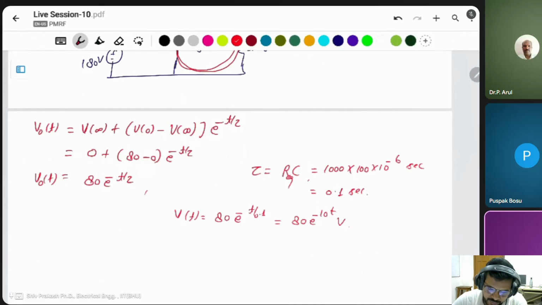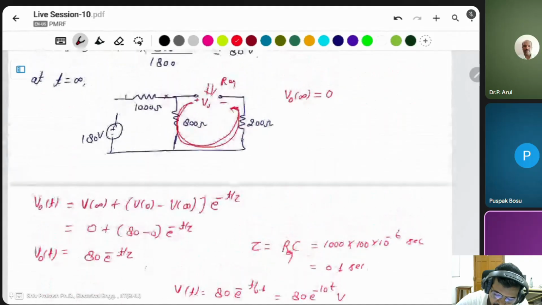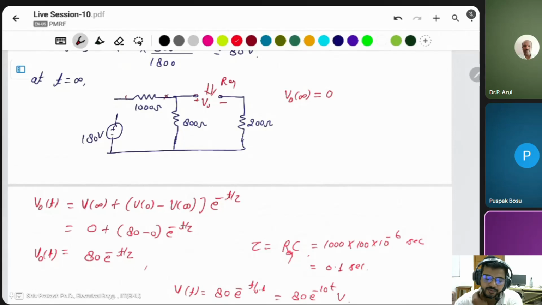Then what is the circuit at t greater than 0? Only this circuit is there, the capacitor, and this is the voltage of the capacitor.